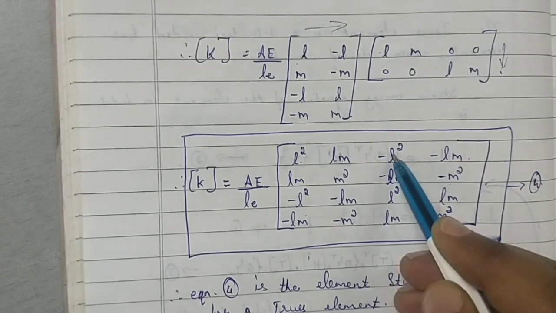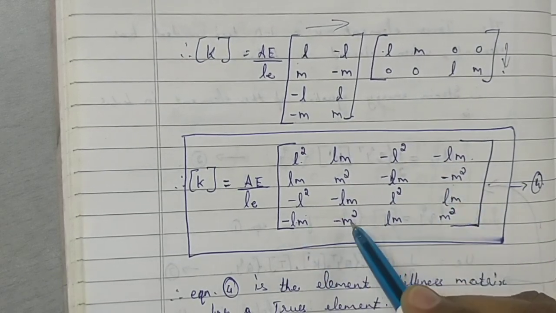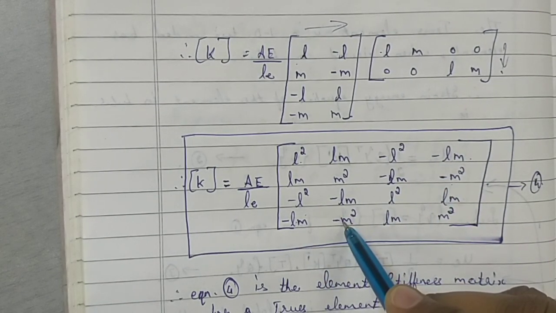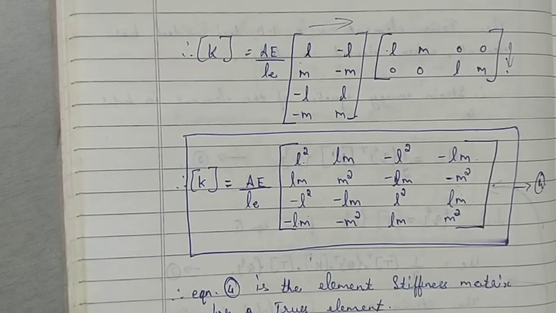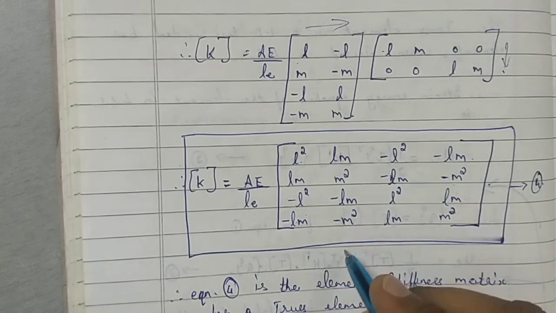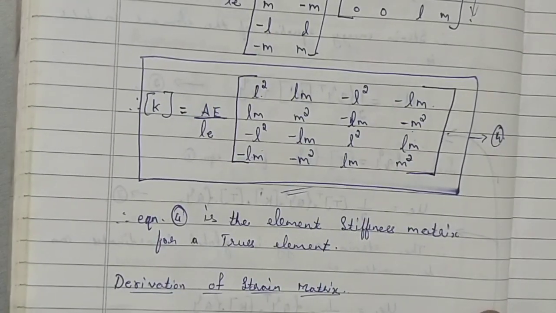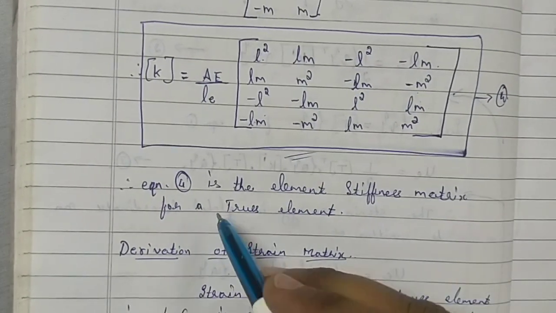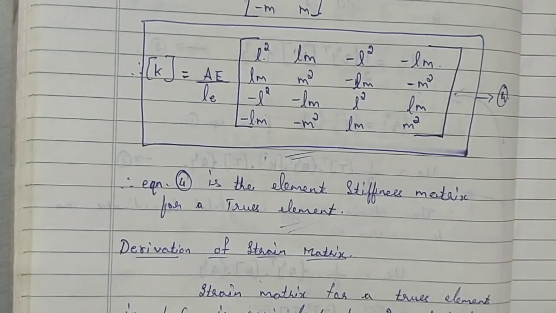Wherever it is left out, write LM. Very simple to remember. This is the stiffness matrix equation for a truss element. Equation 4 is the element stiffness matrix for a truss element. That's all the derivation.